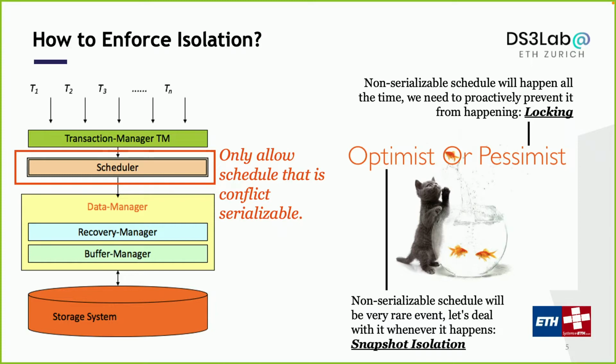You can also take an optimistic view. In this case, we are saying, yes, I acknowledge that at some point I could have this non-serializable behavior, but I also assume that it's actually very rare.